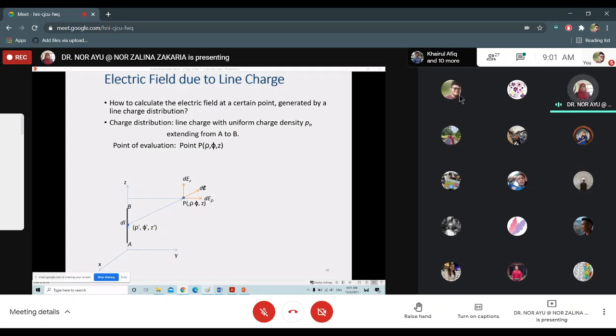Because it is on the z line. So if you look into the cylinder, we have 3, and this is on the z line, so dl is equal to dz az. It is not rho d phi, and it is not d rho a rho. So dl equals dz.